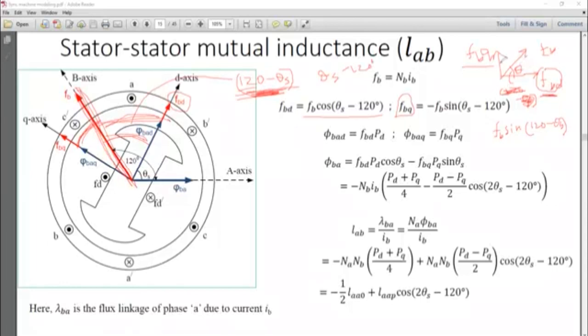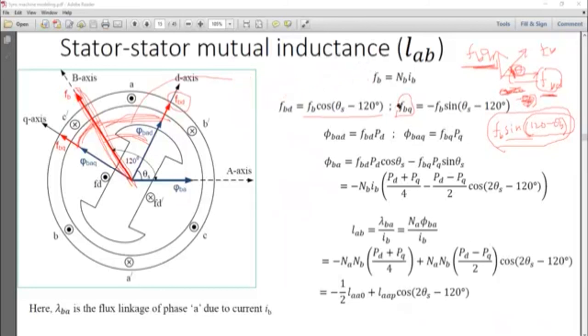What is FBQ? FB sine theta. So this is what I am writing. I've simply changed the angle from theta to 120 minus theta. So FBQ is the sine component of whatever angle you have taken here. Okay, thank you.